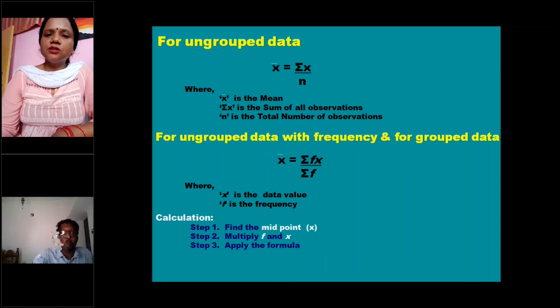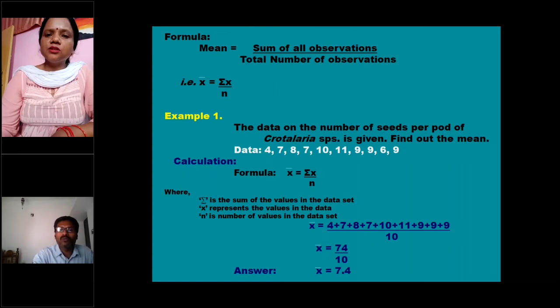The Crotalaria species pods are counted for their number of seeds, and in the experiment, 10 data values were collected. Then using this data, we have to find the mean. So what we have to do is simply sum up all these 10 observations, that is sigma x, divided by 10.